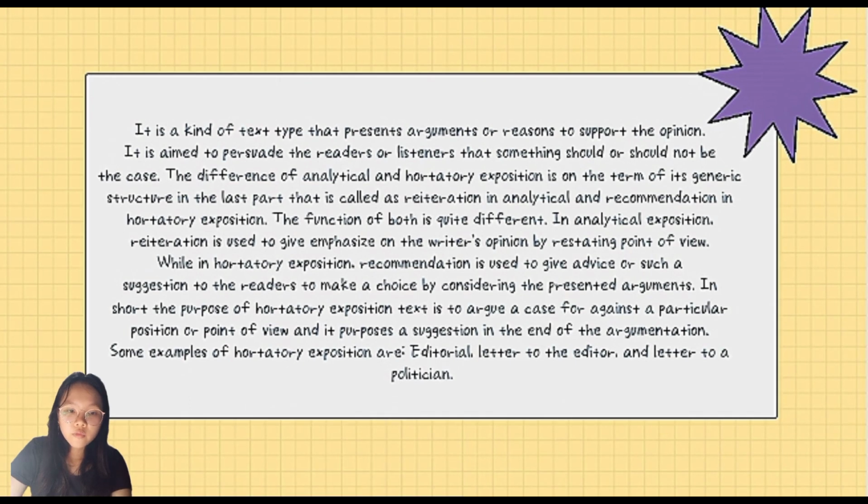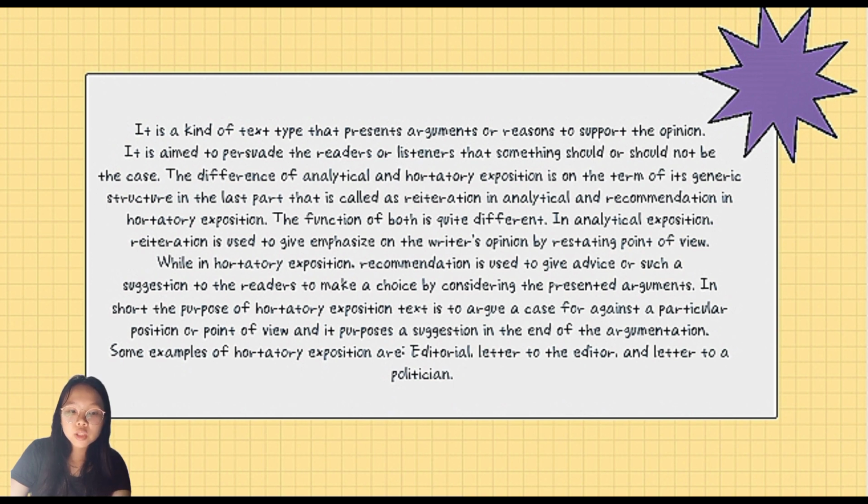It is a kind of text type that presents arguments or reasons to support the opinion. It is aimed to persuade the readers or listeners that something should or should not be the case. The difference between analytical and hortatory exposition is in the generic structure in the last part, which is called reiteration in analytical and recommendation in hortatory exposition. The function of both is quite different.